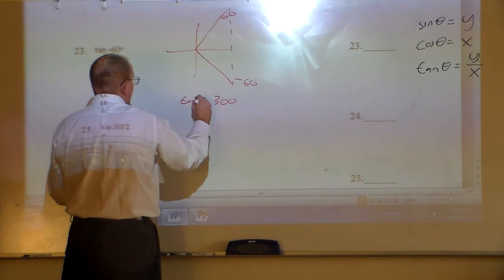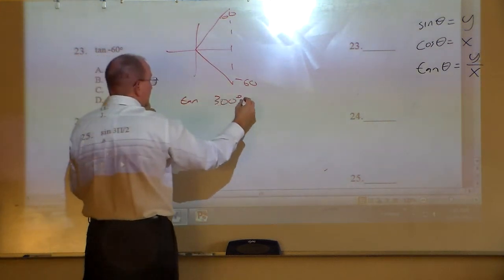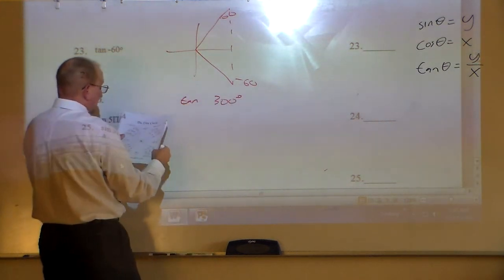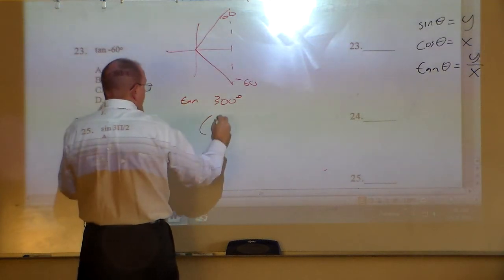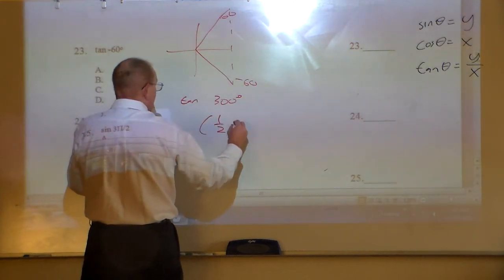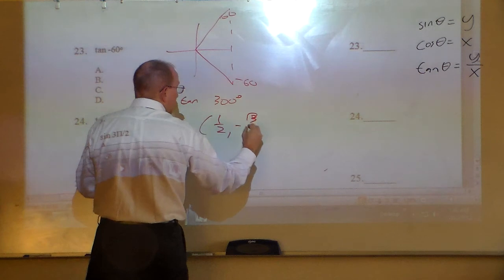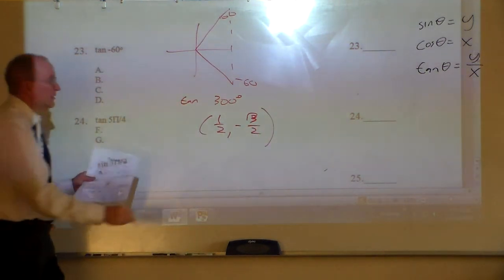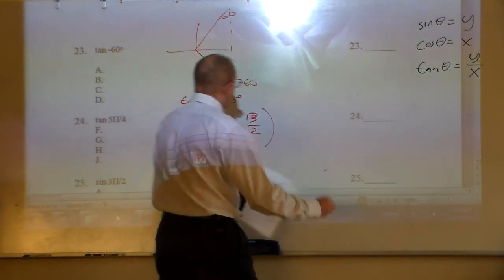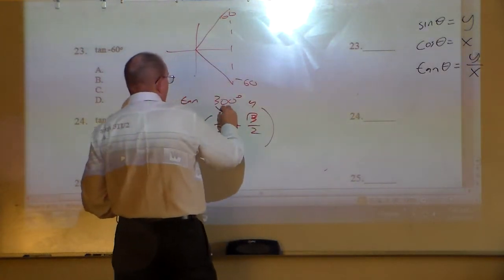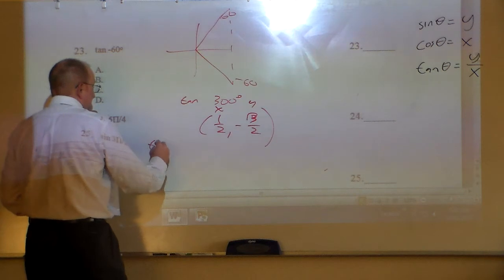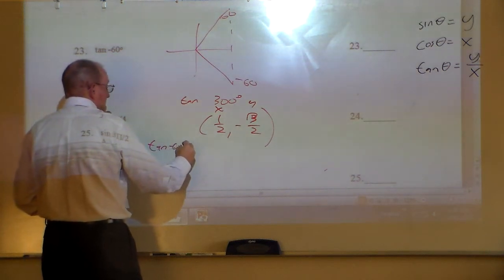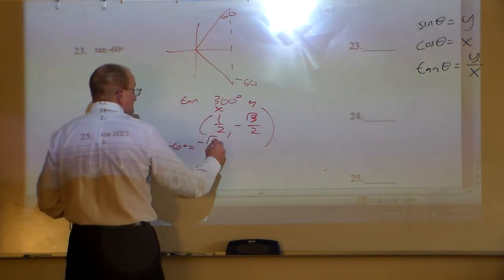So tangent of 300 degrees is the same as tangent of negative 60. And at 300, on our unit circle, we have the point 1/2, negative square root of 3 over 2. Tangent is which letters? Y over X. There's Y, there's X.